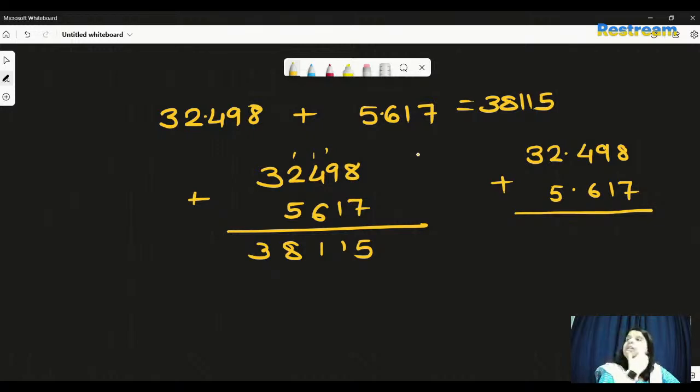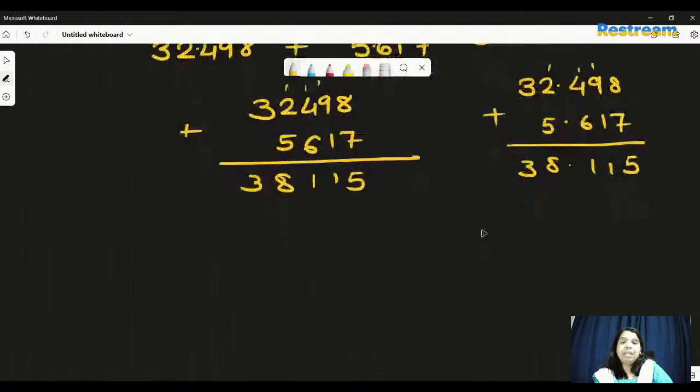Here is what the decimal addition looks like. 8 plus 7 is again 15, 1 carry, 11, 1 carry, 11, 1 carry, 8. So it becomes 38.115.